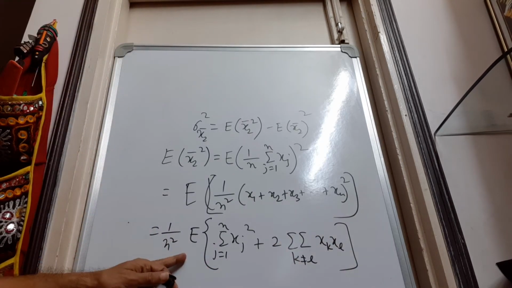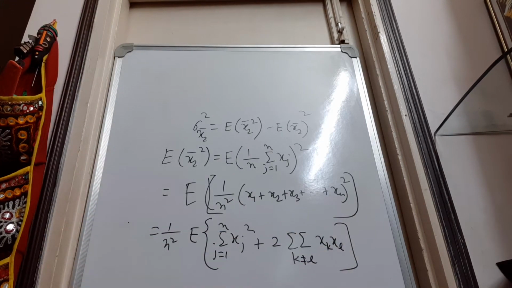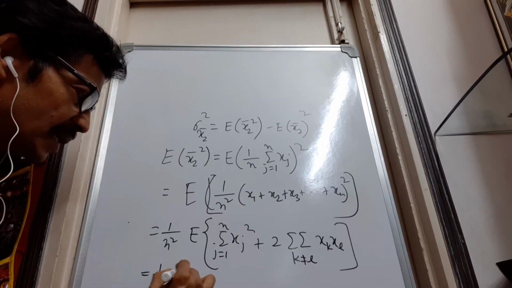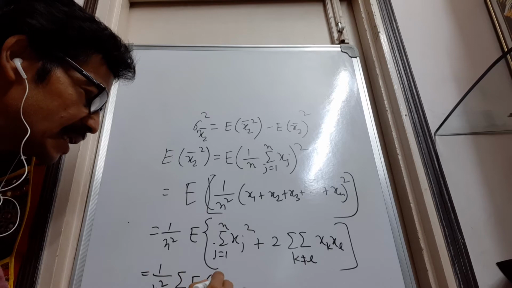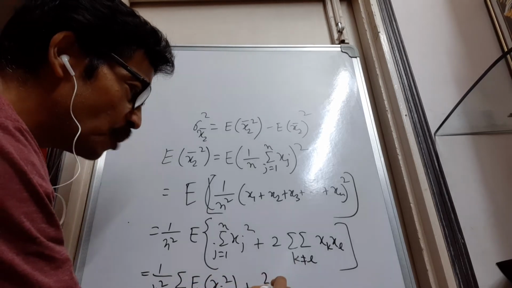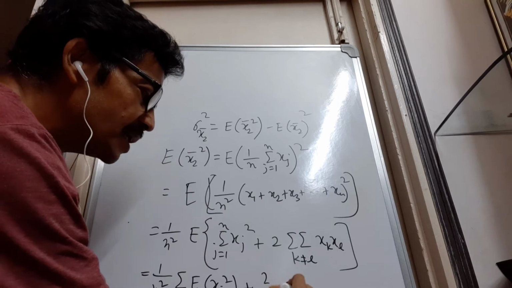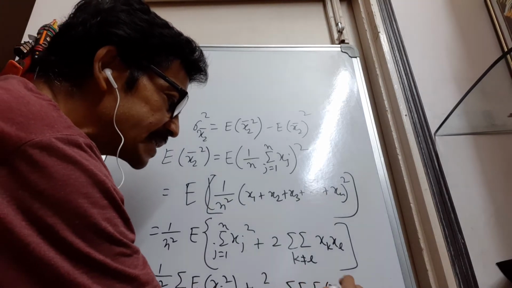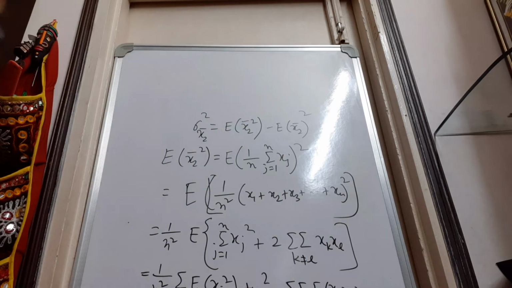And since expectation runs through the summation, we can easily write 1 by n square summation of expectation xj square plus here also 2 by n square, and we have summation of expectation of xk xl.